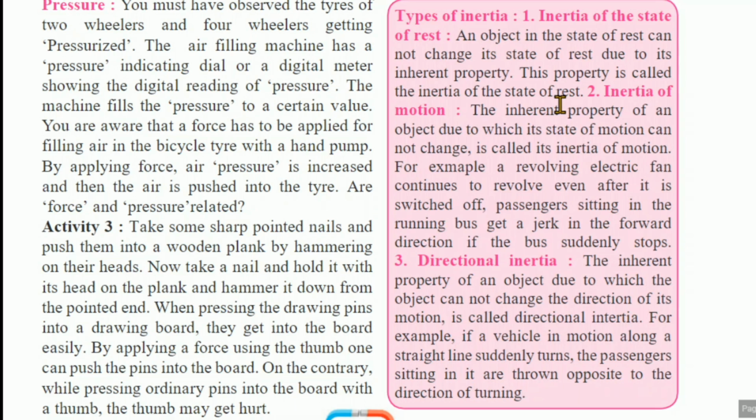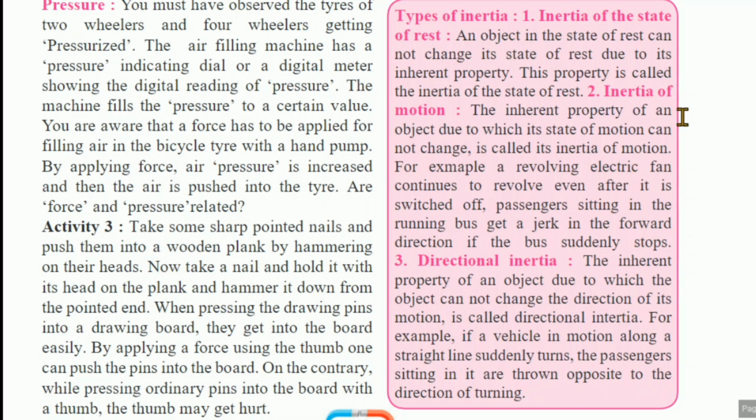Take any object, suppose this is an object, a block is there. Until I move this block from one place to another by applying force, that object will not move. That means the object will not change its state of rest. Second type is the inertia of motion.